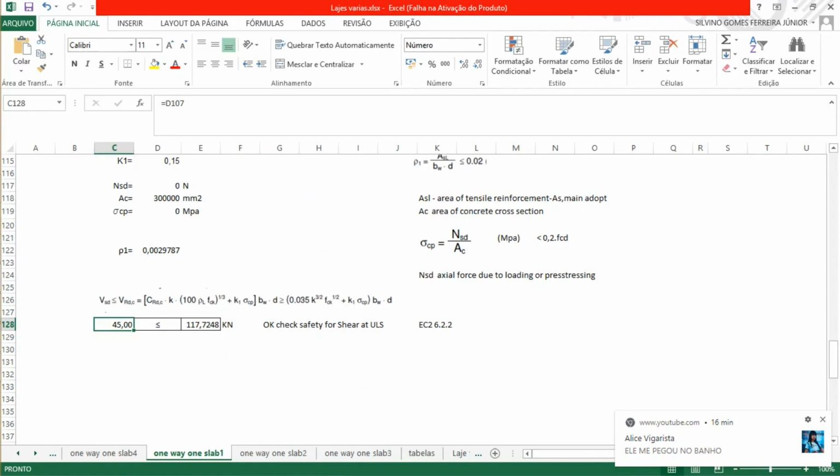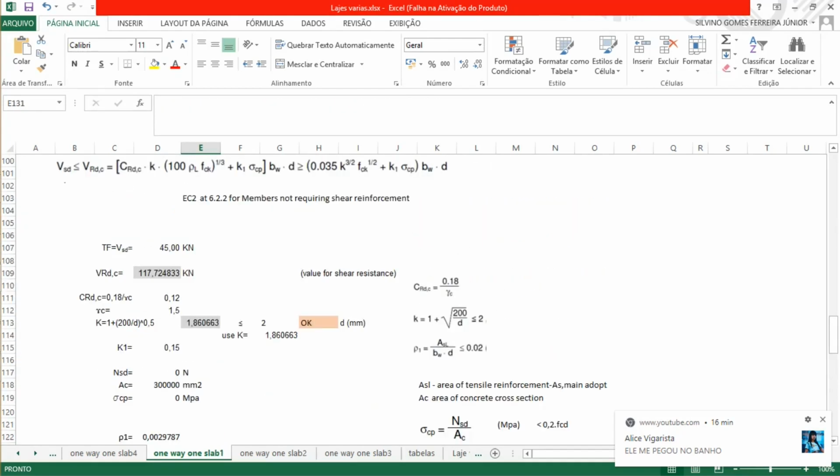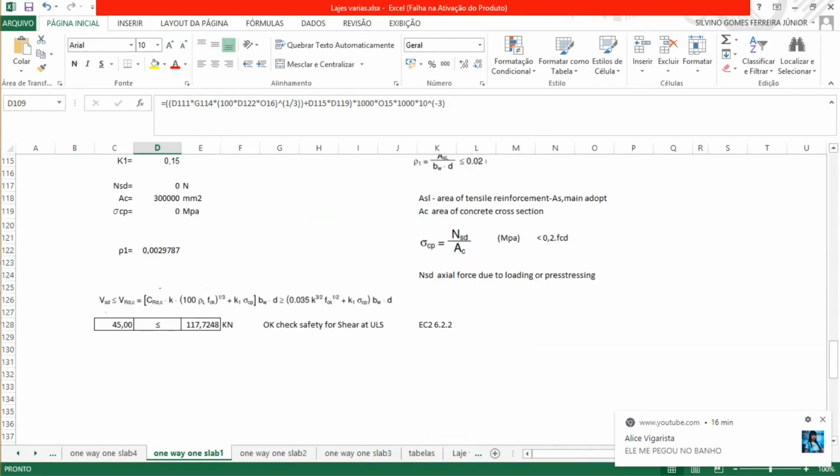So we have the ultimate limit state of shear, 45, smaller or equal to this. It was the maximum value of these two equations, and it was 117 that we have calculated here. So it was bigger than this one.